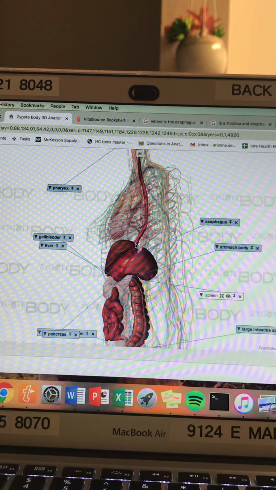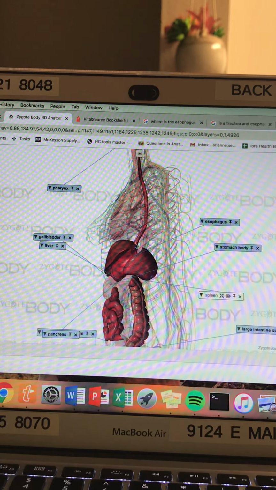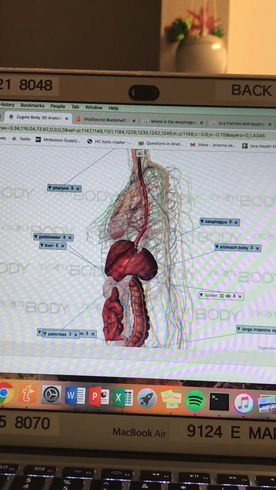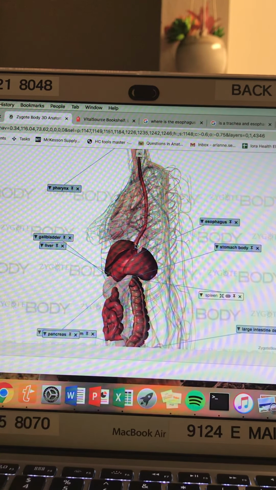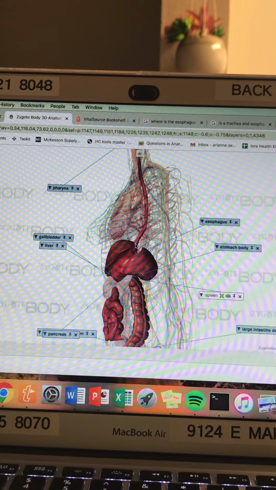The esophagus secretes mucus to lubricate the bolus as it passes through to the stomach. The esophagus is made of muscle that contracts to move food to the stomach. There is an upper esophageal sphincter and a lower esophageal sphincter.